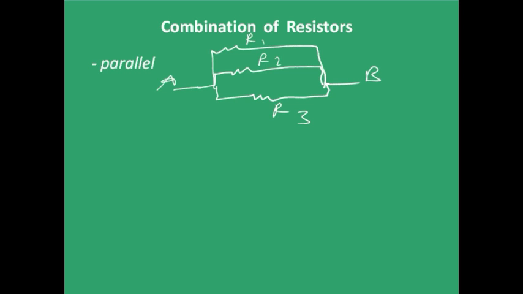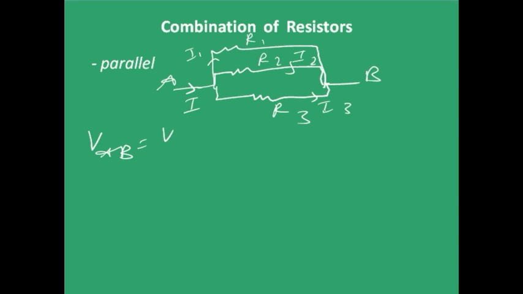Say the potential difference between these 2 points AB is V. Now, if current enters from here, I'll say that I1 current went through the first resistor, I2 current went through the second resistor, and I3 current went through the third resistor.